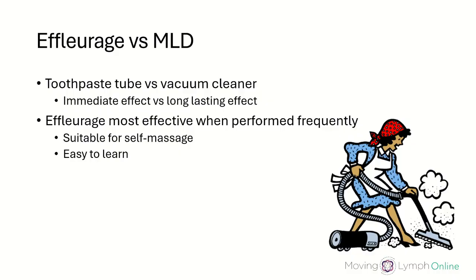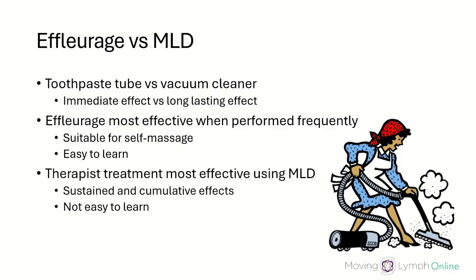If you put the pressure in the correct direction and there is an open pathway, lymph will move along the open pathway. This is most effective when performed frequently. It's very easy to learn, and so it's suitable for self-massage, and this is the main technique that we teach to clients. However, as a therapist, I want to do something that's a little bit more effective.